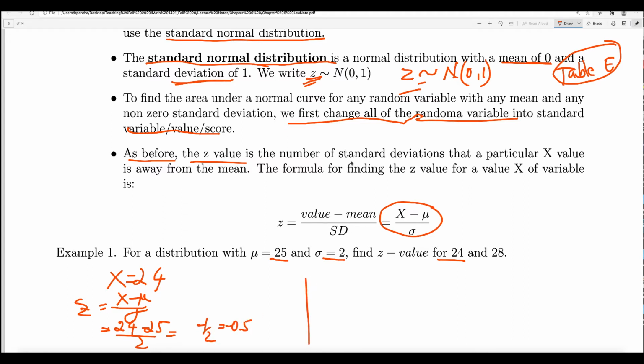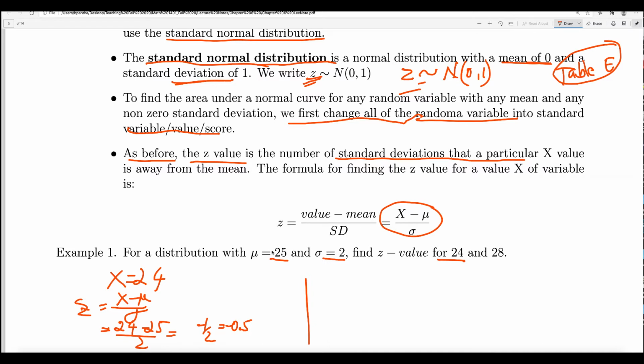What does g say? g is how many standard deviations above or below the mean the x value is. So we found g equals negative 0.5. That means this x value is 0.5 standard deviation below the mean, because it is negative. And that is true, right?